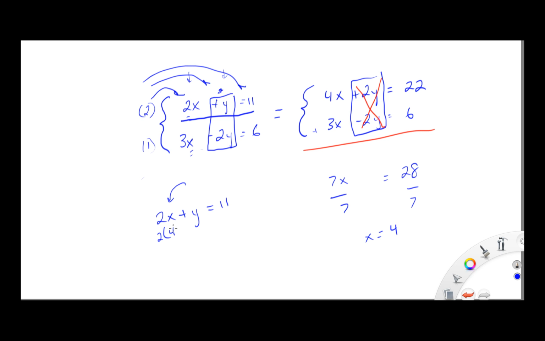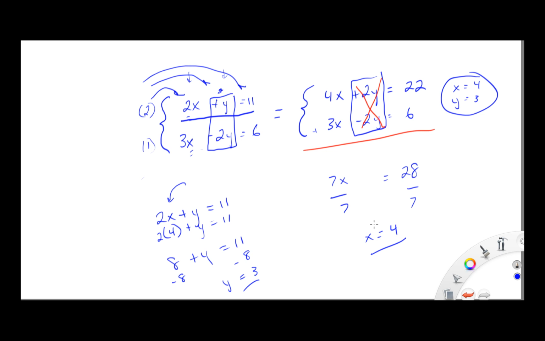So it's going to be 2 times 4 plus y equals 11, which means 8 plus y equals 11. So let's subtract 8, y equals 3. So x is equal to 4, y is equal to 3. And my answer is very much so that x equals 4, y equals 3. Okay? Elimination.